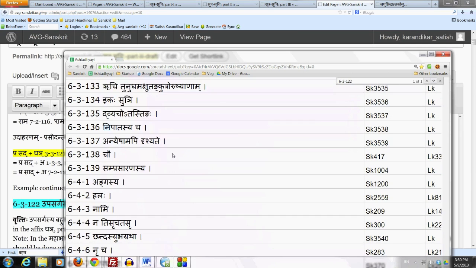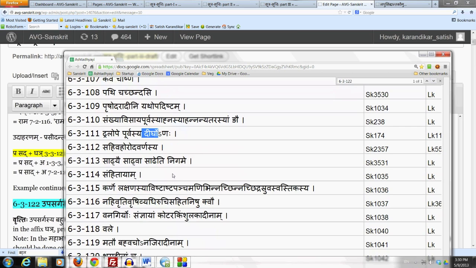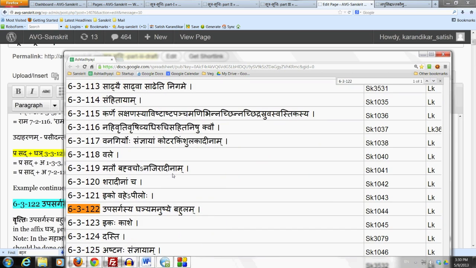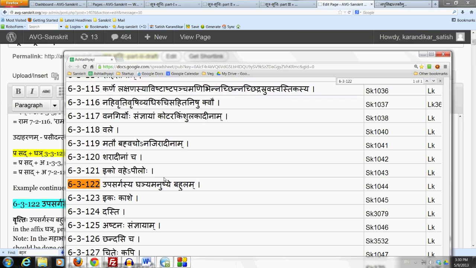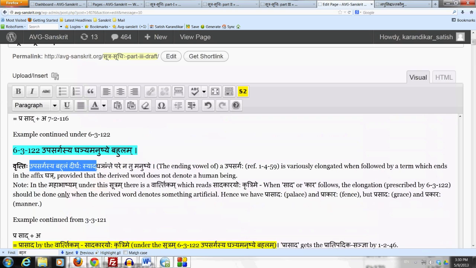Normally anuvritti does stop, but it doesn't have to. This particular anuvritti of dirgha runs all the way from 6.3.111 down to 6.4.18. So that's how the anuvritti of dirgha comes into 6.3.122. The vritti of the sutram says upasargasya bahulam dirgha syat ghayante pare natu manushye.